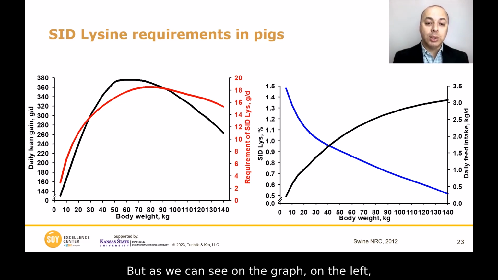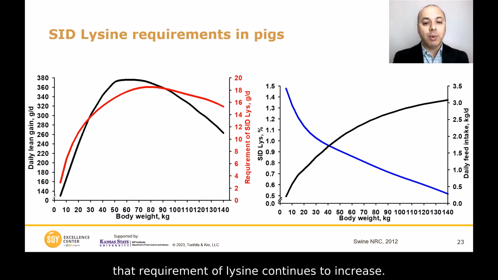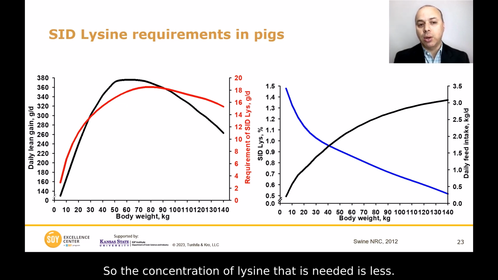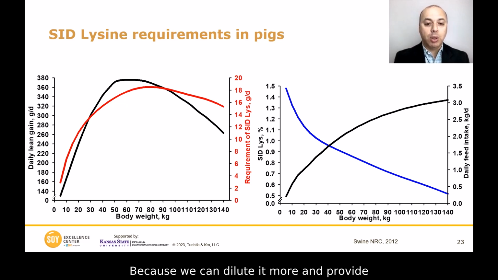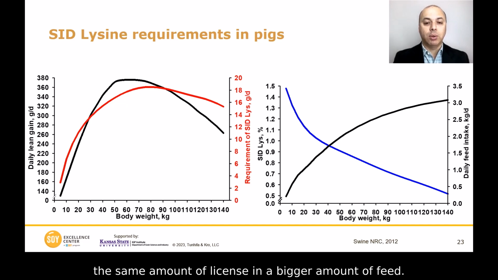But as we can see on the graph on the left, the requirement of lysine continues to increase. Because the increase in feed intake is greater than the reduction of lysine need, we have a reduction as a percent. So the concentration of lysine that is needed is less, because we can dilute it more and provide the same amount of lysine in a bigger amount of feed.